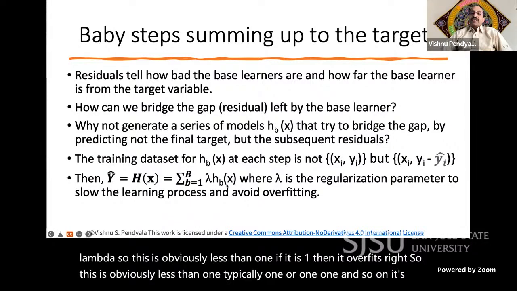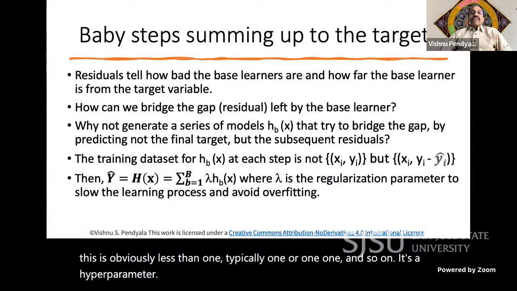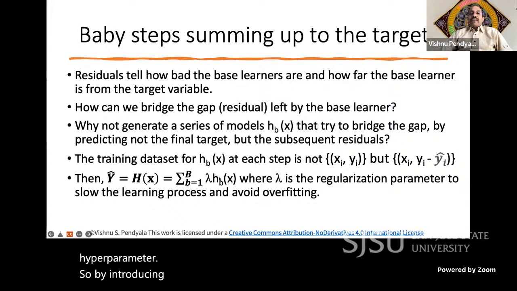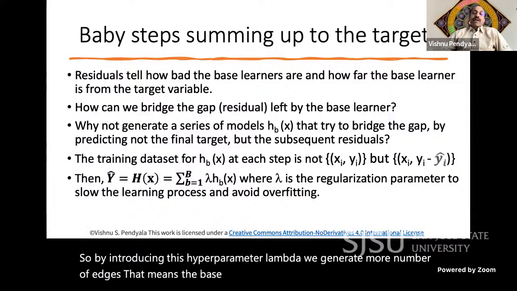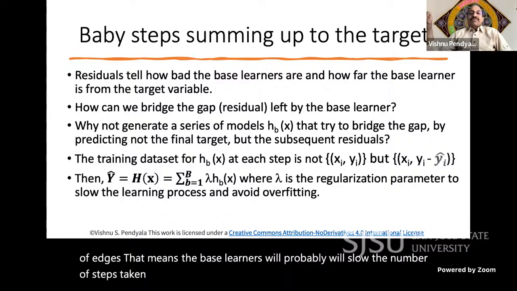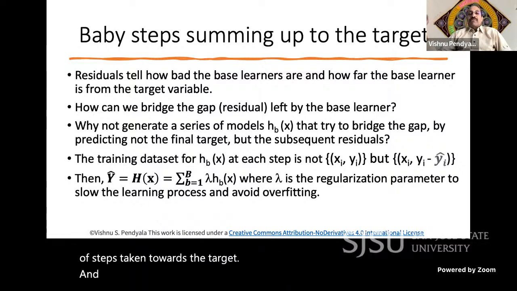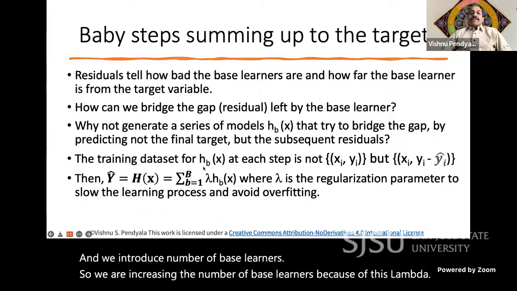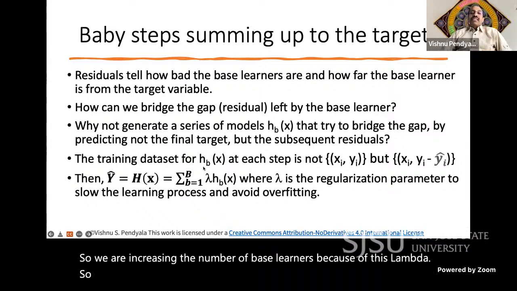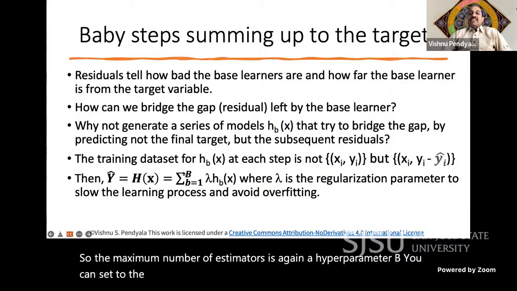It's a hyperparameter. By introducing this hyperparameter lambda, we generate more base learners, the h's. We slow the number of steps taken towards the target, so we are increasing the number of base learners because of this lambda. The maximum number of estimators, B, is again a hyperparameter, which you can set to the value that you like.